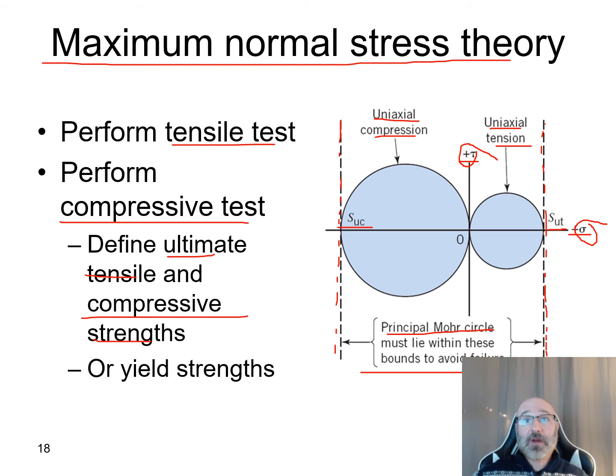Let's do our first one here, and we can see that this does lie within those two bounds, so we don't necessarily have to say there is going to be failure for that one. But now if we do this one, this does not lie within those bounds. You can see this edge goes on the outside of those bounds. Therefore, that's potential for failure. And this is a good graphical, easy way to represent this using Mohr's circle.